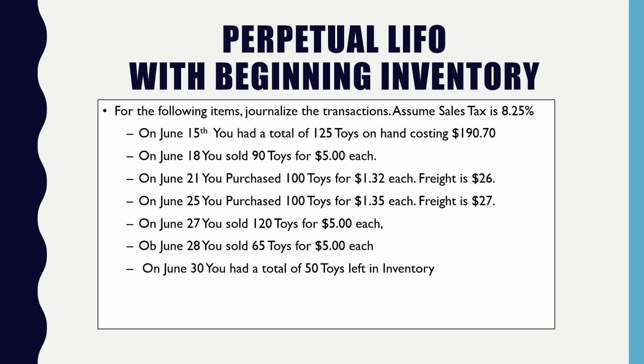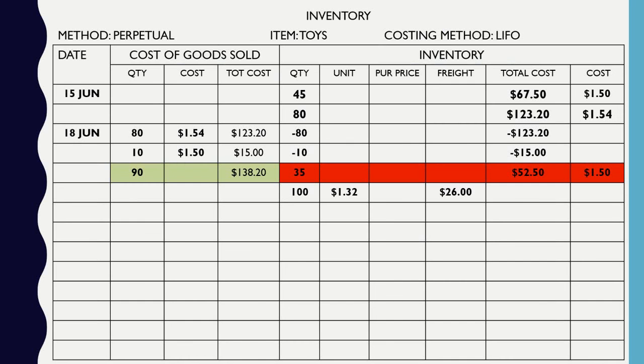So then on June 21st, you made another purchase of 100 toys, but this time it's $1.32 and freight is $26.